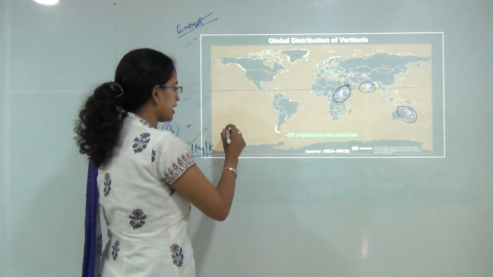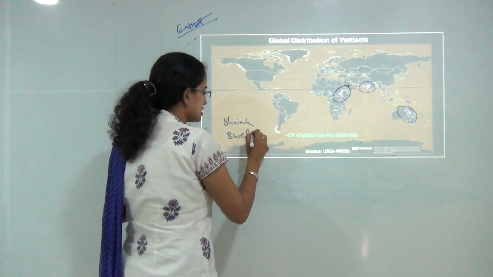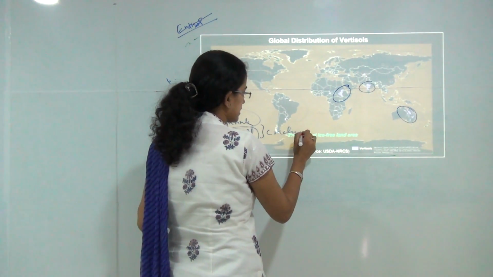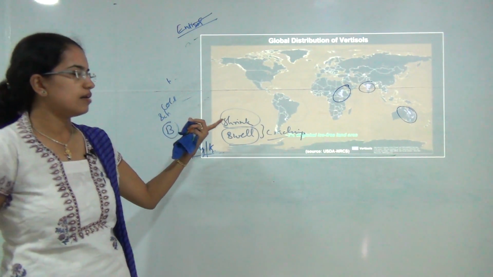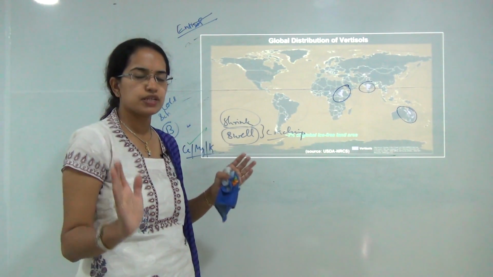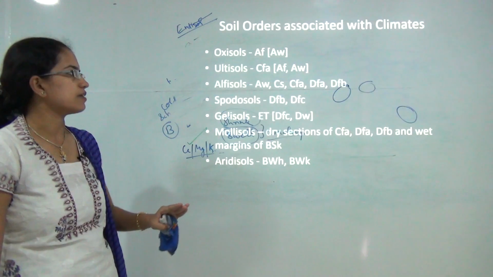So when they are dry they shrink, and when they are wet they swell up. As a result there is frequent cracking of the soil in case of Vertisol soils. So these are some of the classifications that are given under the zonal classification as per the USDA new classification revised after 1975.